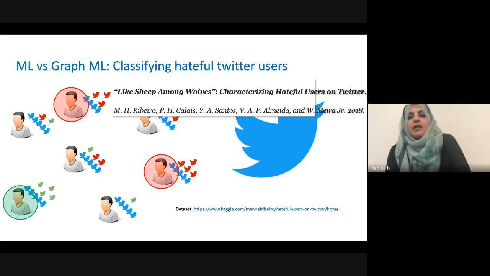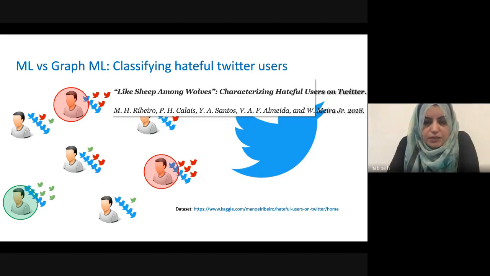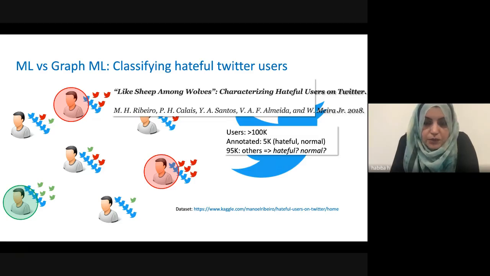So from there, my group thought, why don't we use graph convolutions directly, and see how just using GCNs, graph convolutional networks, could be helpful.